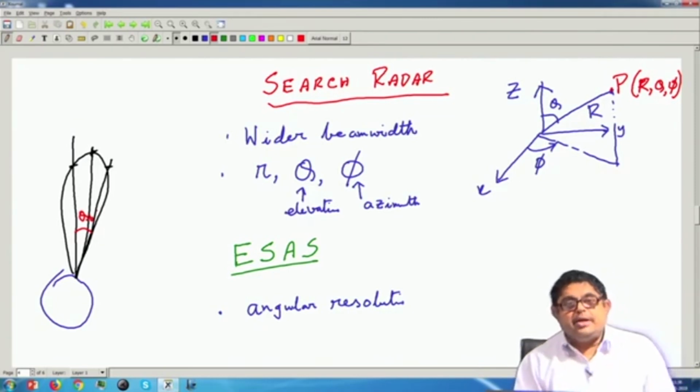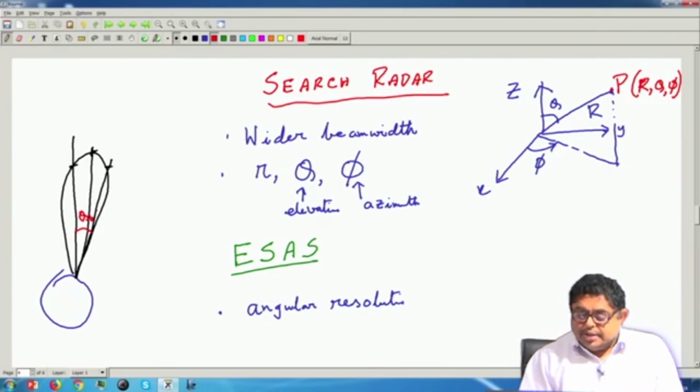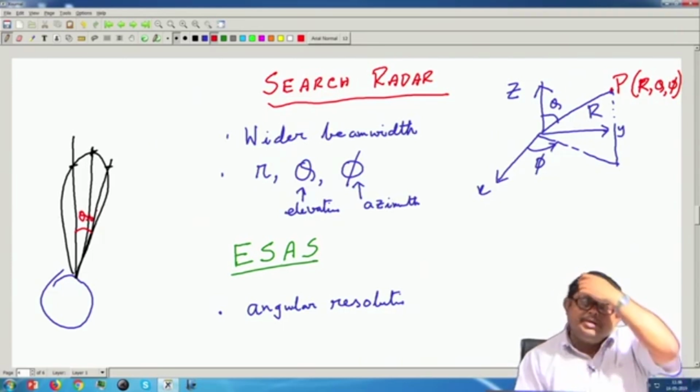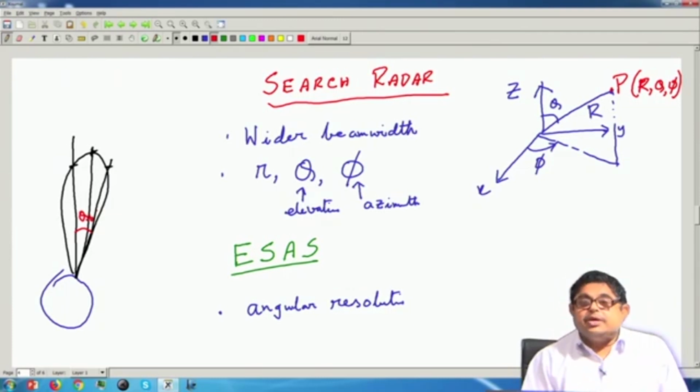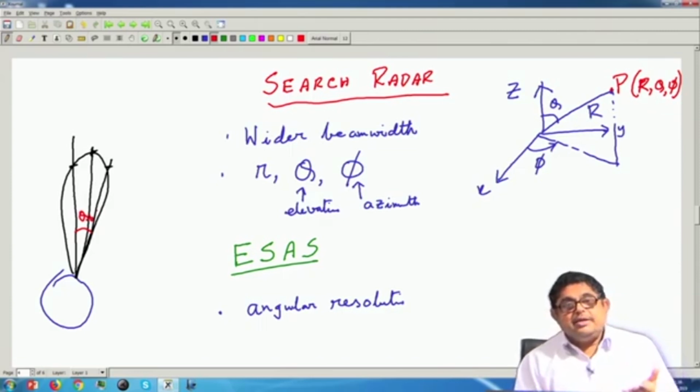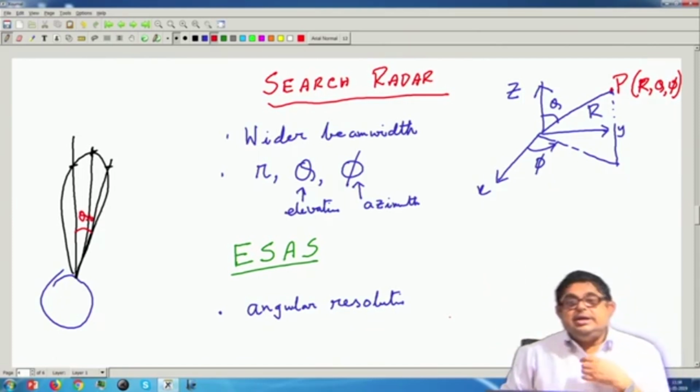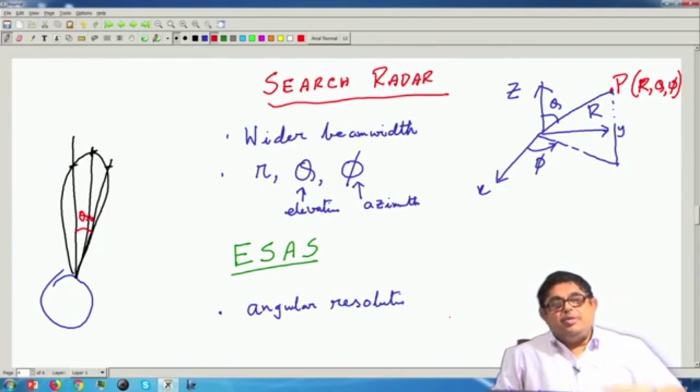So, the resolution of a radar antenna is given by the beam width. For search radars, the resolution is of the order of the beam width. But for tracking radar, we will see that you need much more precise information, because the distance is in hundreds of kilometers.